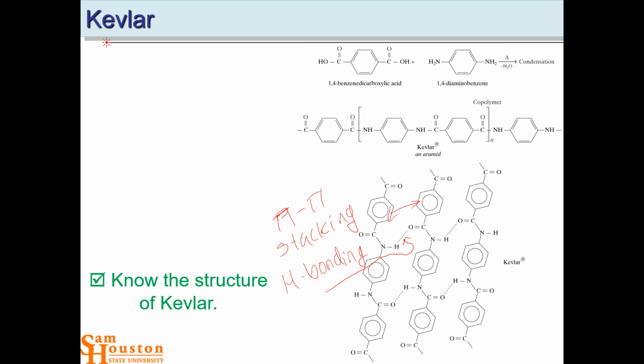Think about what has to happen if you have a bullet hitting a fiber. You've got to absorb that energy somehow. And you can absorb it by breaking bonds, covalent bonds, or you can absorb it by breaking hydrogen bonds and pi-pi interactions. And so that's what makes this polymer so fantastic, because you can break those pi-to-pi interactions, and every one of those breaks takes energy. And the hydrogen bonds also. Whenever you break those hydrogen bonds, you lose energy.